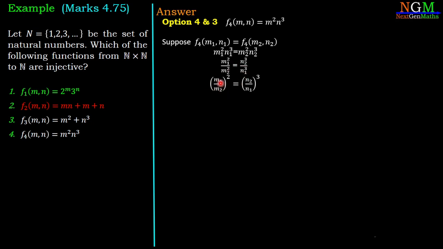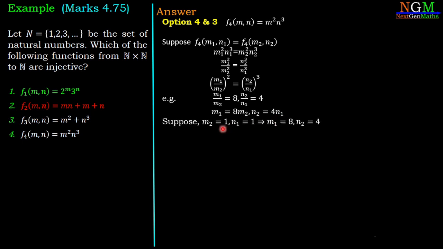Then you can rewrite in the form (m1 divided by m2) square equal to (n2 divided by n1) cube. That means if we are able to find two numbers in which the square of one equals the cube of another, and we have an example, 8 square equal to 4 cube. 8 square equal to 64 and 4 cube is also 64. Therefore, m1 equal to 8 m2 and n2 equal to 4 n1.